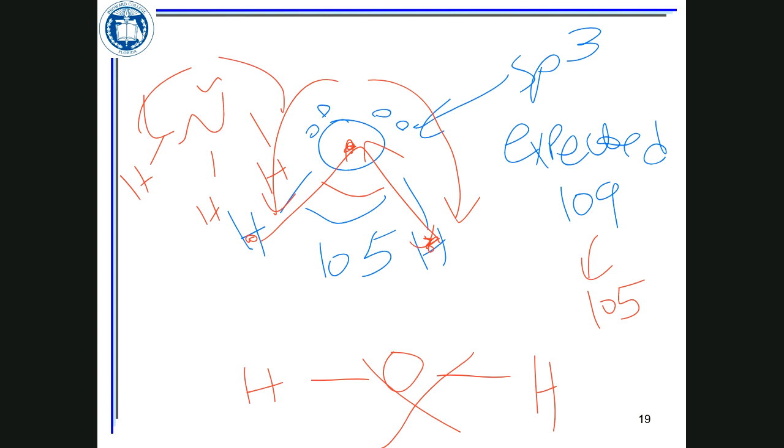It's not going to go to 90 degrees. It's not going to go to a different number. And this is not going to be 120 even though nitrogen has 3 bonds, which you might say if you don't count the pair of electrons as an electron domain.